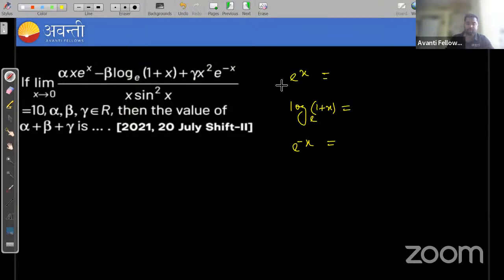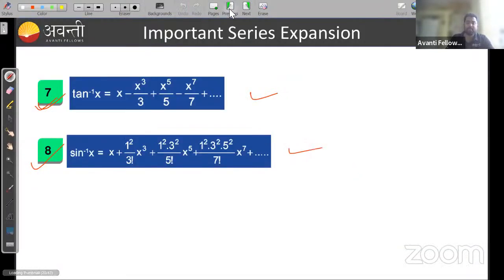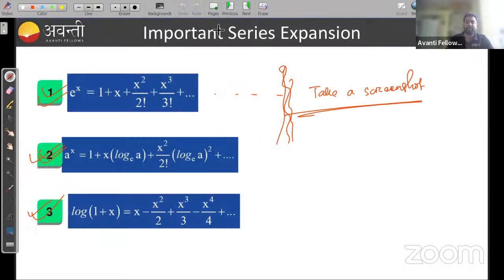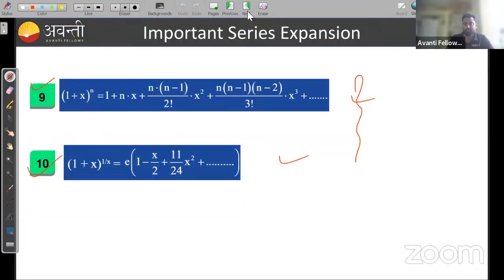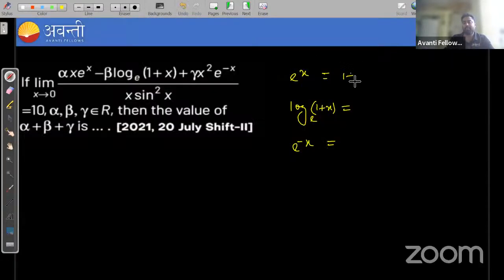We will use them here. So what is e raised to x? As I already told you, 1 plus x plus x square by 2 factorial plus x cube by 3 factorial, all these things.